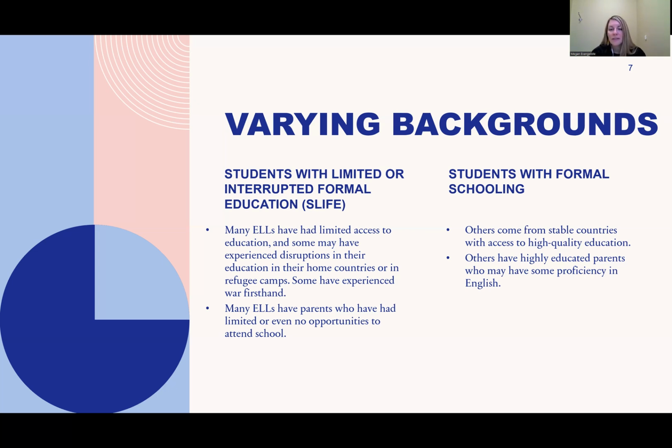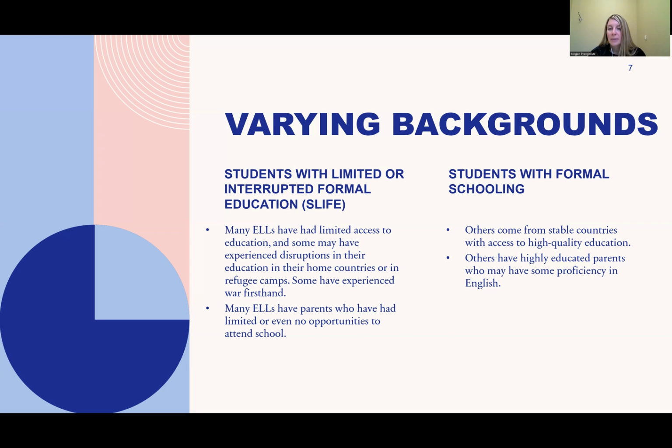So as I said previously, many of our parents also have had limited opportunities for schooling in their home country as well. So that is not all of our students. On the other hand, we do have students that come to us with adequate or very strong formal schooling. So these students would be coming from stable political and economic situations in their countries where they do have access to high quality education.